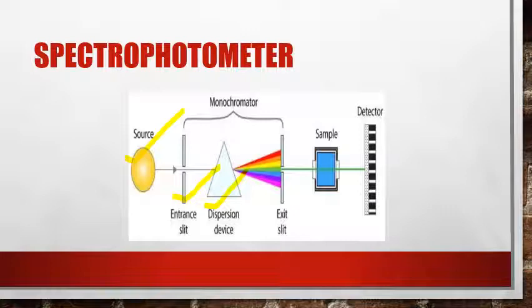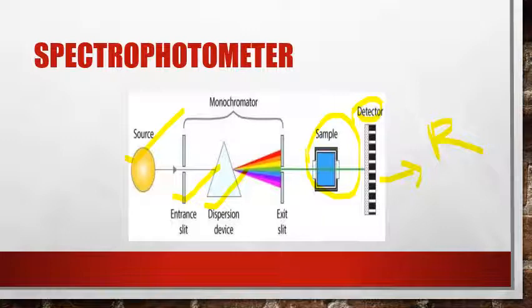It converts all the polychromatic radiation to monochromatic onto this sample here, and that detection is done by the detector. So the detector plays the role of converting the radiation into energy, which is finally recorded in the recording unit.